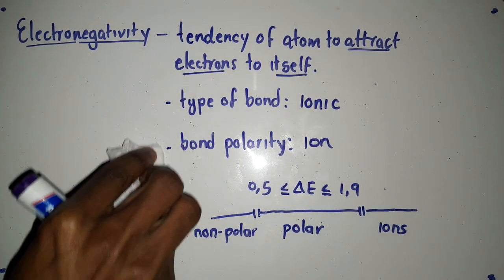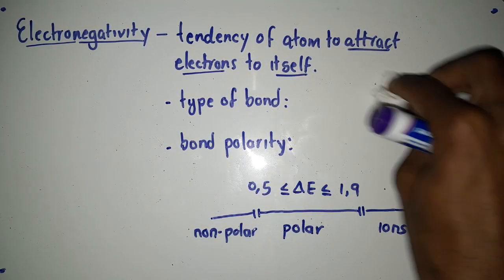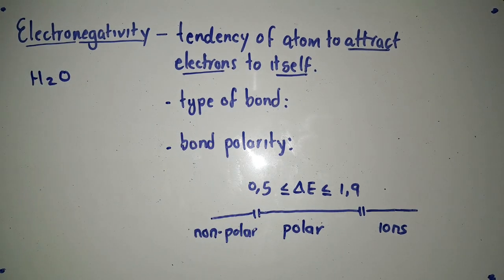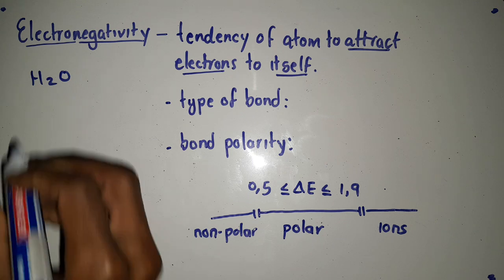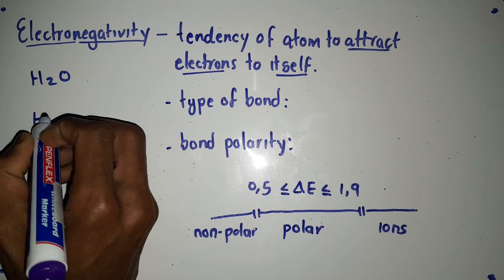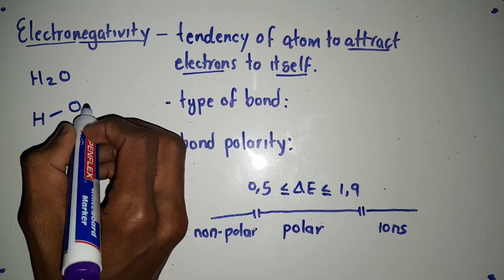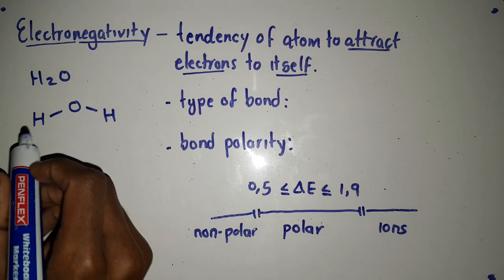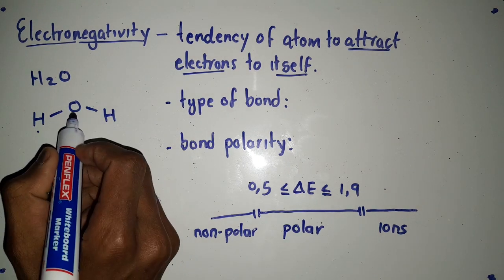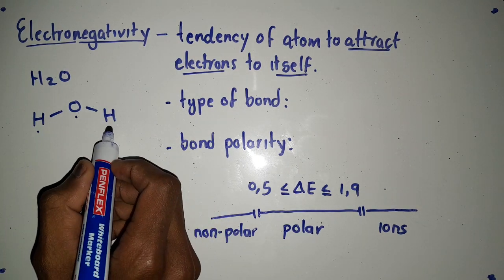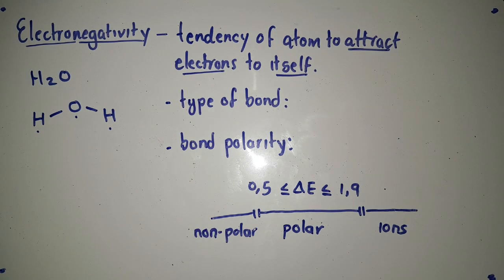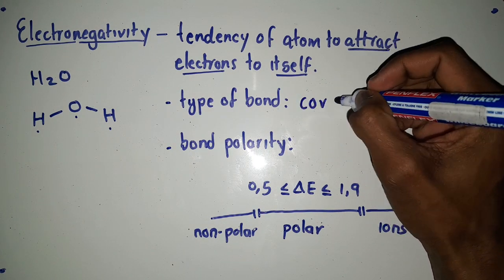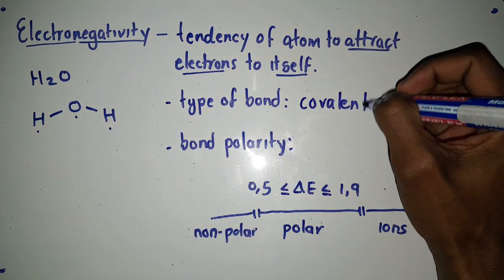Let's say I were to give you this example of H2O like this. We know that the structural formula of this is going to be something like this. We have non-metal, non-metal, and non-metal. All of them are non-metal. Then it's going to be covalent bonding.